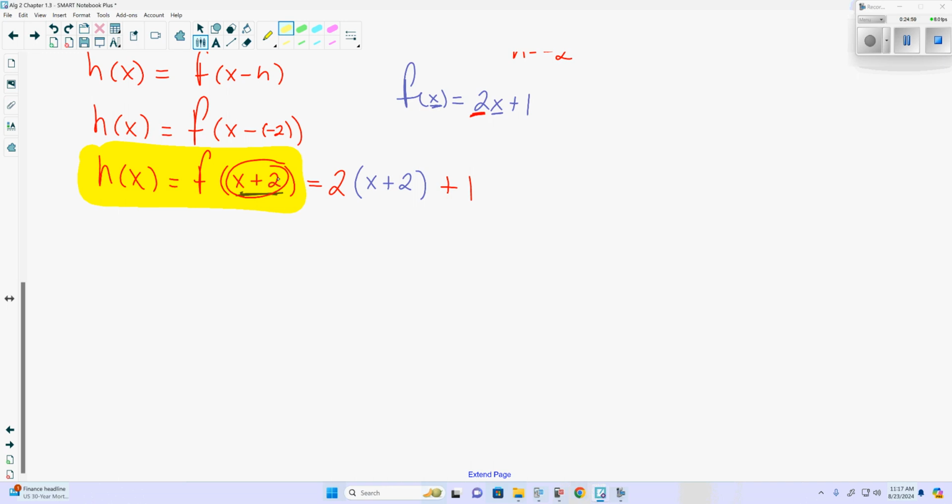So instead of rewriting f of x plus 2 each time, since we know that they're the same value, same notation, I don't have to write this again. Since these are the same, I can just say that it is h of x. Does that make sense?